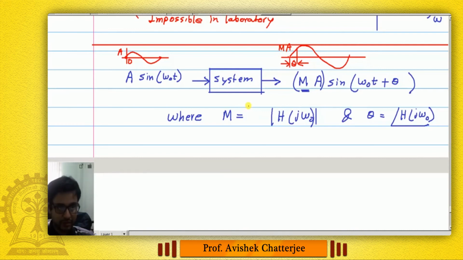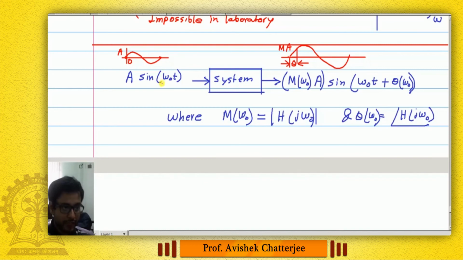That is possible. And also this magnitude will depend on the frequency of the input. So let me write m of omega naught, a function of omega naught, and this also a function of omega naught.